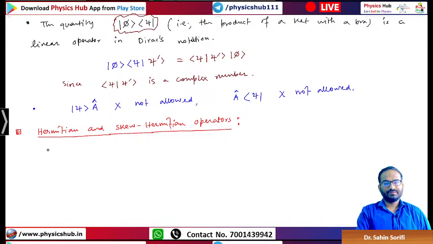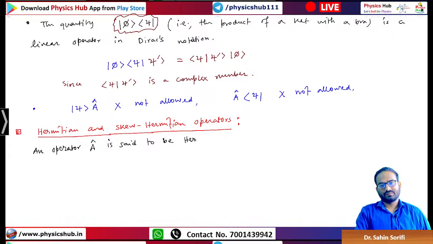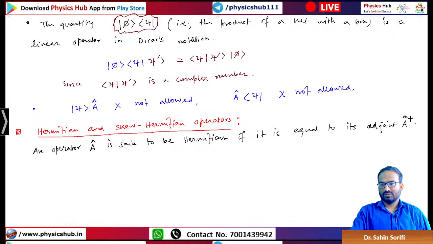Let's say you have an operator A. It is said to be Hermitian if it is equal to its adjoint, A dagger. These are all operators, so a cap must be given. Mathematically, if A is equal to A dagger, then A is a Hermitian operator.